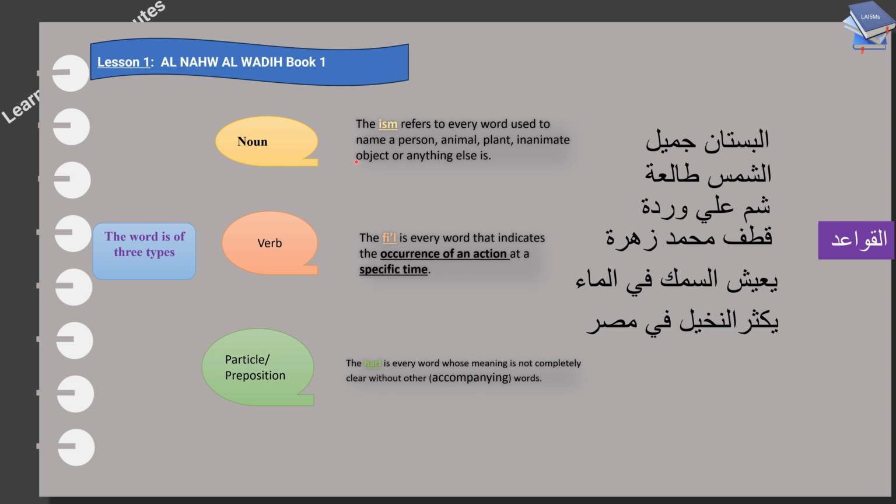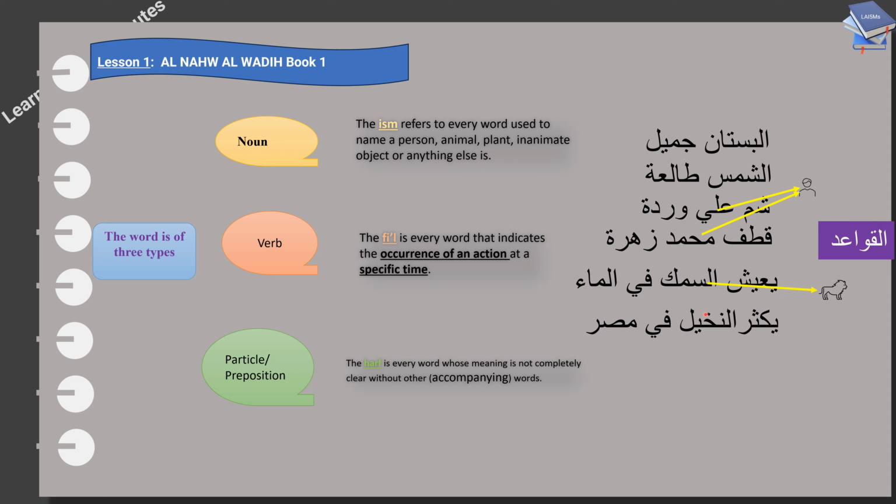Okay, remember this, the definition for the noun? The ism refers to every word used to name a person, animal, plant, inanimate object, or anything else. So let's start with a person. Do we find any? Yes, علي محمد.